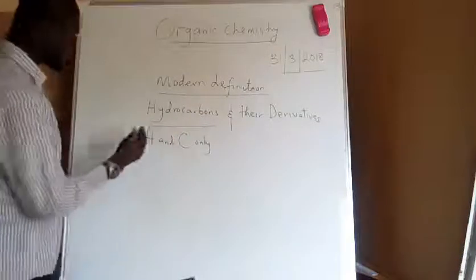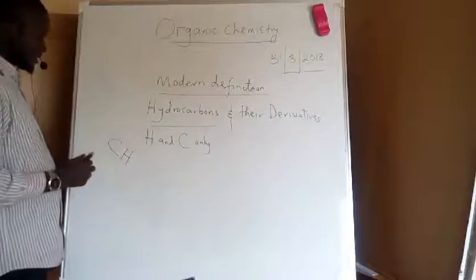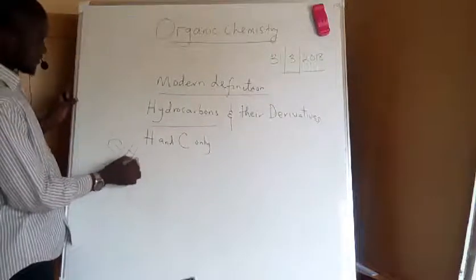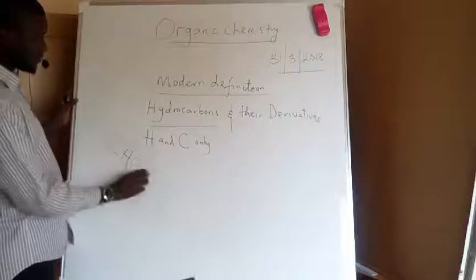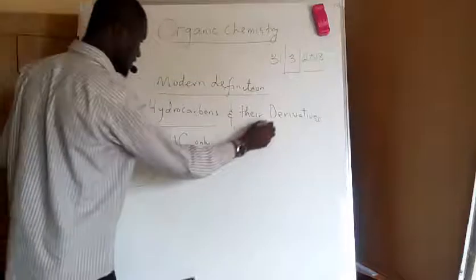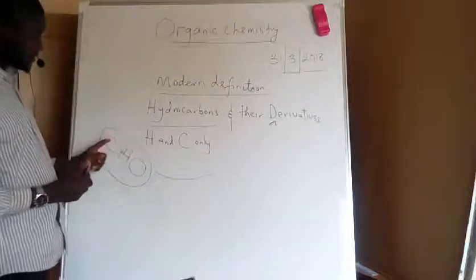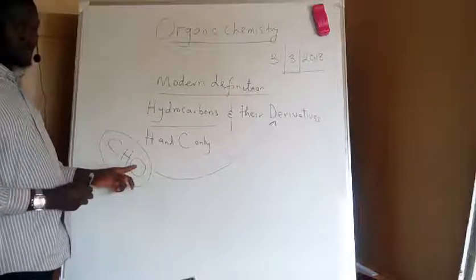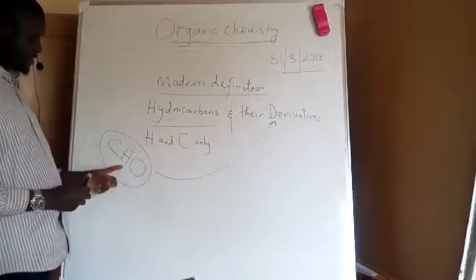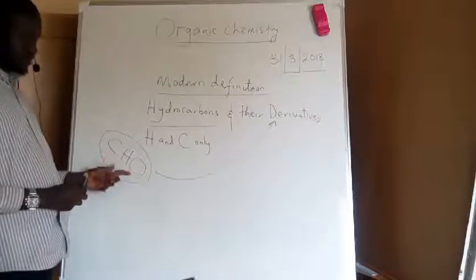Now, if hydrocarbons are compounds that have carbon and hydrogen only, and we add a different element to this compound that is neither carbon nor hydrogen, like oxygen in this case, the new compound we are producing is the derivative of a hydrocarbon. It is no longer a hydrocarbon because of the additional element.